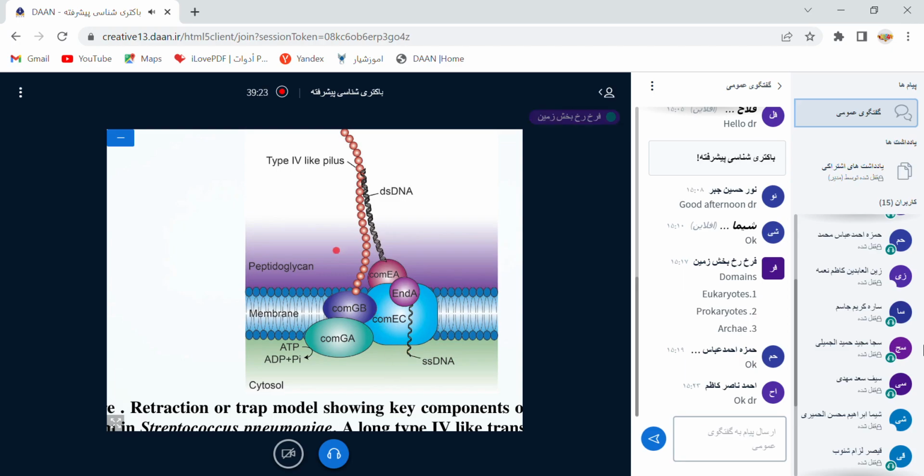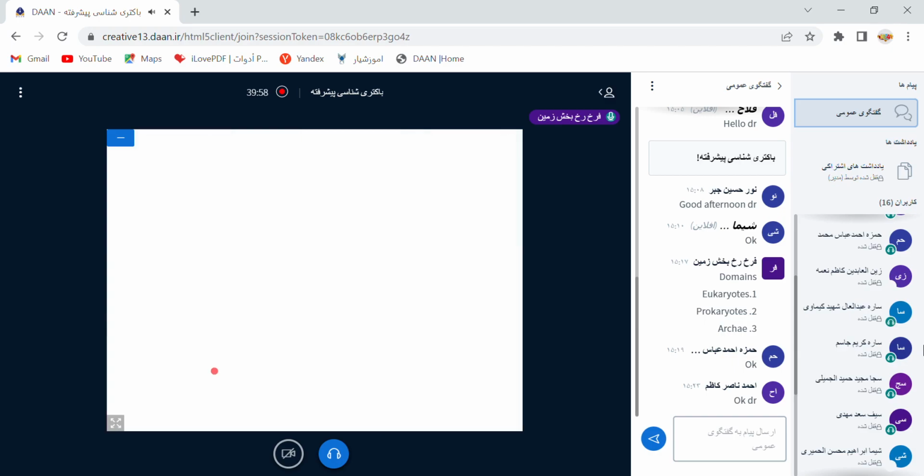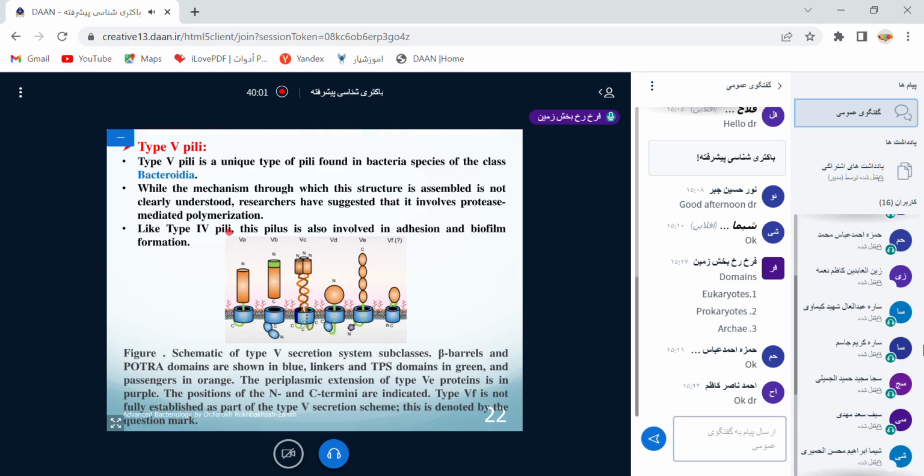Retraction or trap model showing key components of the DNA uptake system in Streptococcus pneumoniae: a long type 4-like transformation pilus is assembled on the surface of bacteria and directly binds to exogenous DNA, helping transportation from outside to inside the cell.